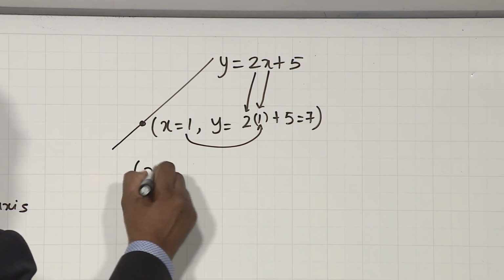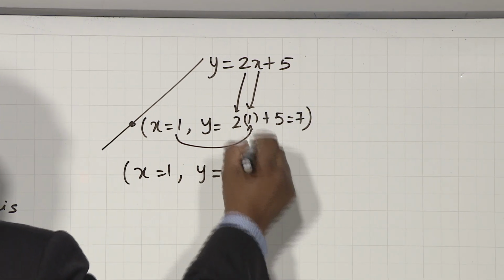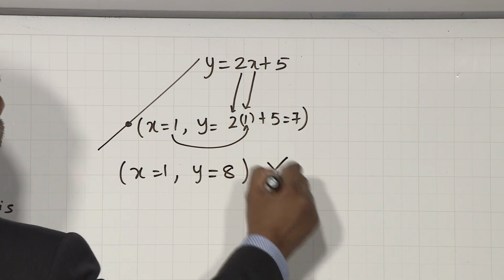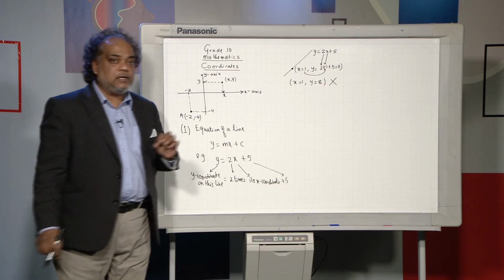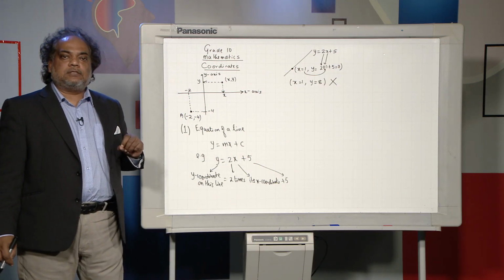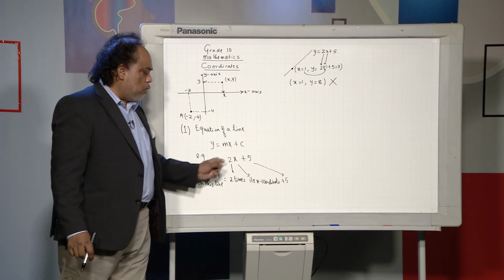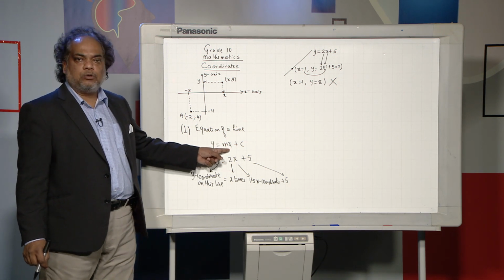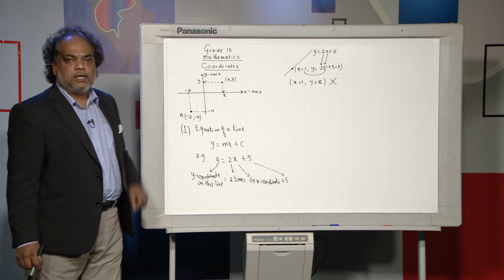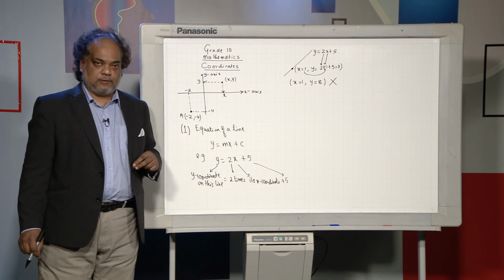Again, will the point x equal to 1, y is equal to 8 lie on the line? No, it will not. So, the equation of a line is an equation that connects the y-coordinate of any point to its x-coordinate. That's the equation of a line.